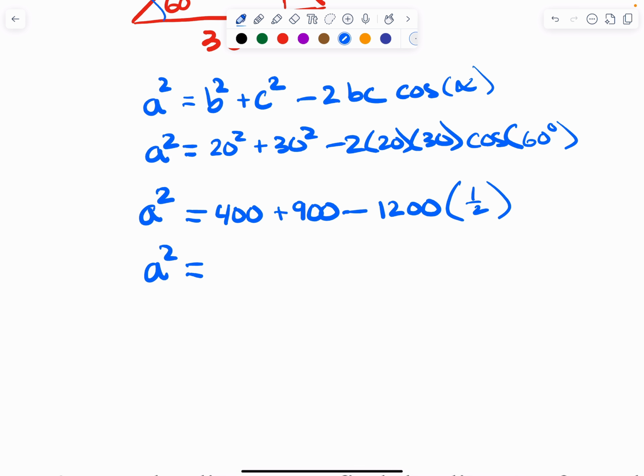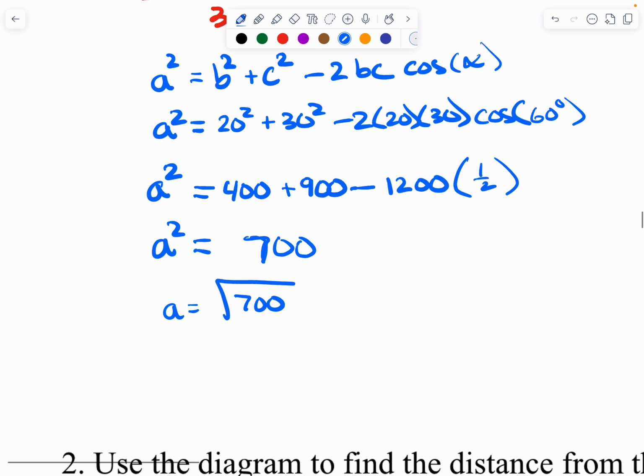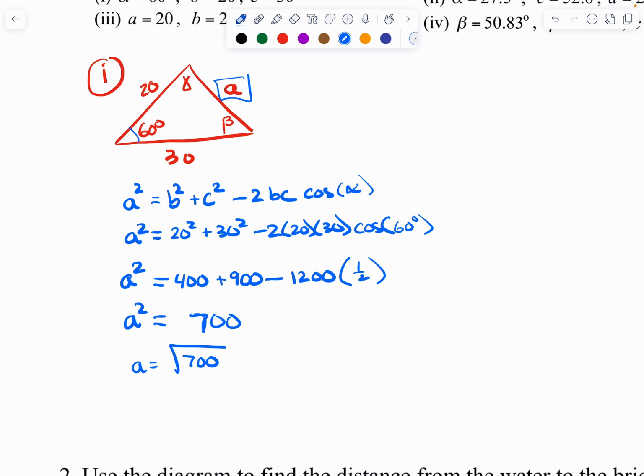Let's see if I can do my arithmetic without a calculator. This is going to be 700, I believe. Half of 1200 is 600, and then the arithmetic is pretty easy. So A is going to be the square root of 700, which now I have to pull out a calculator.